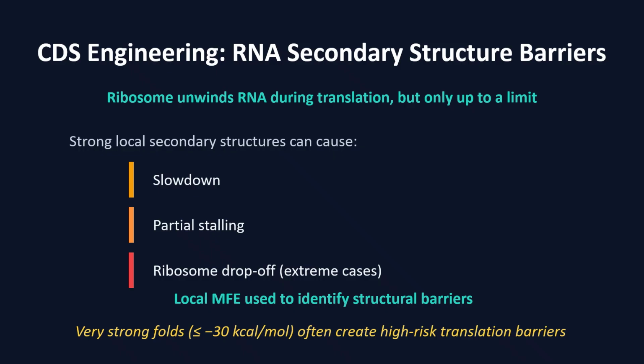In extreme cases, the ribosome may even disengage. So that's why people analyze local minimum free energy across the coding sequence. We are looking for strong structural barriers that resist unwinding. So in practice, very stable local folds are not that good, as you can imagine.